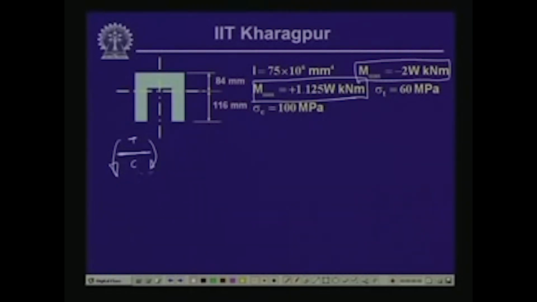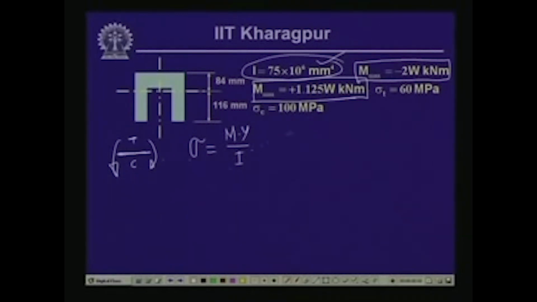Now, if we calculate the bending stress sigma, which is equal to M y by I, the I of this particular section is given over here, which is 75 into 10 to the power 6 millimeter to the power 4.